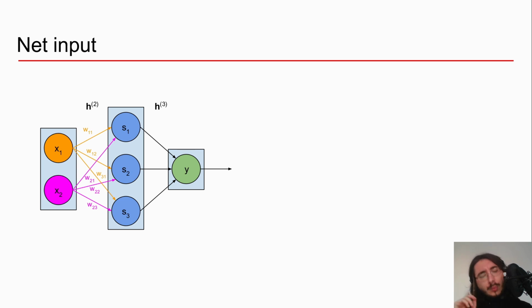So we said weights are the first very important element of a neural network, and specifically in this case of a multi-layer perceptron. Then we also have the net inputs. Now, we saw the net inputs in the case of a single artificial neuron. So the question is, what happens with a layer of neurons?